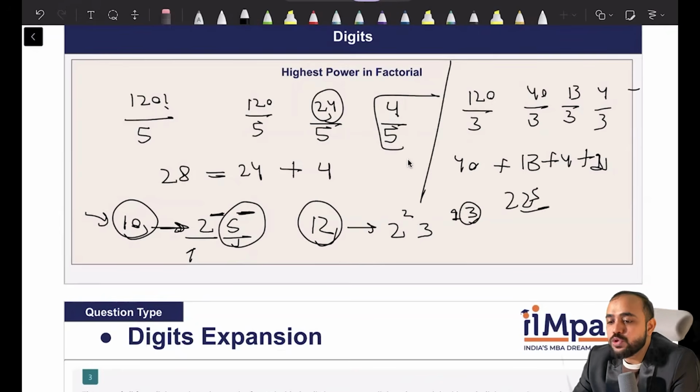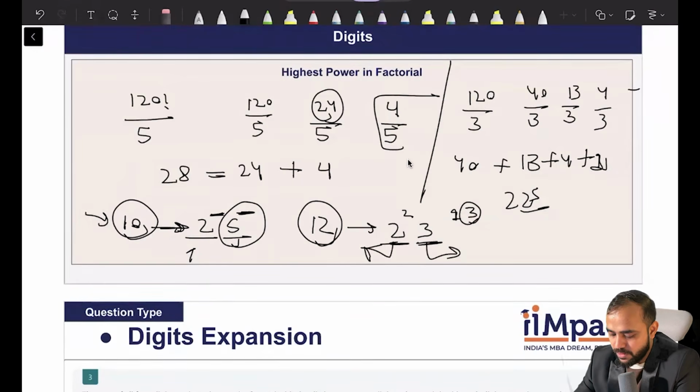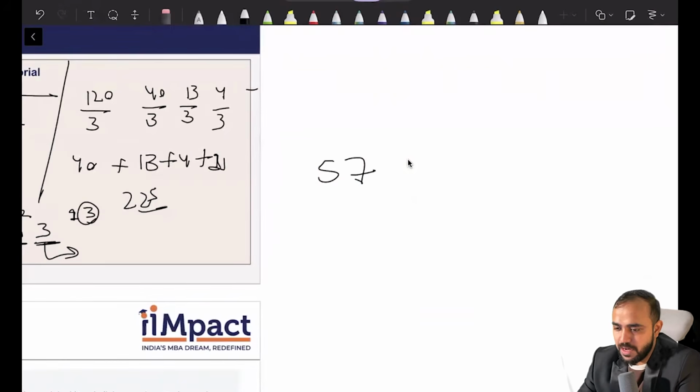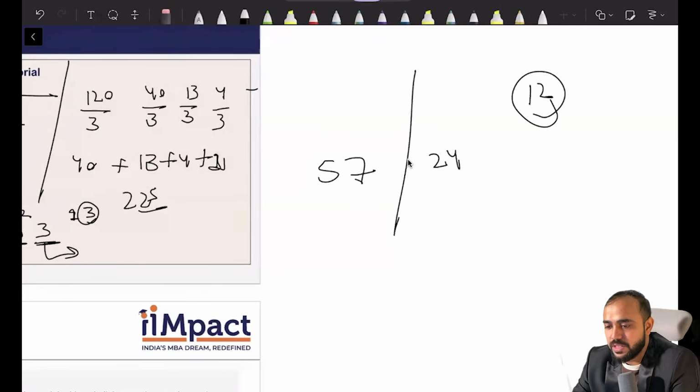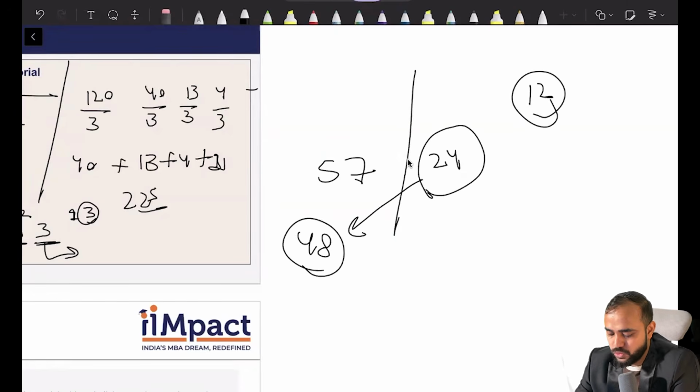So the ratio should be greater than 2, in which situation you should probably find both of these, the powers of 2 and the powers of 3. So if the powers of 2 comes out to be 57, I'm just randomly pulling a number, and the power of 3 turns out to be 24, what is the maximum power of 12 that you will get? In this situation, who is the limiting factor? 24 threes would have consumed 48 twos. So the power of 12 would be 24 itself.